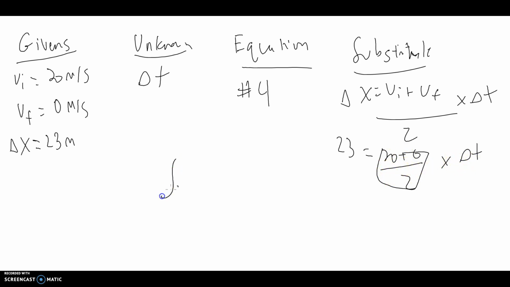So when you solve all of that, you should get that delta t equals 2.3 seconds, which does make sense, because he went from 20 to 0, only traveling 23 meters, so that means that he made a quick stop.